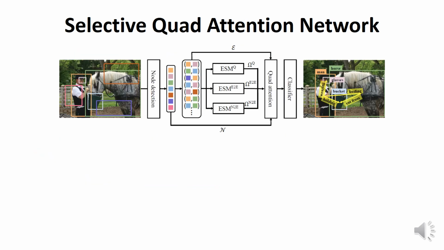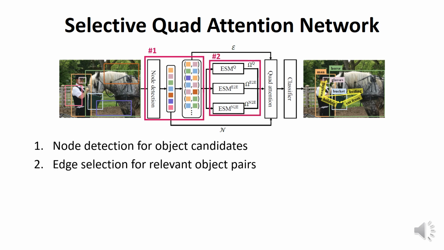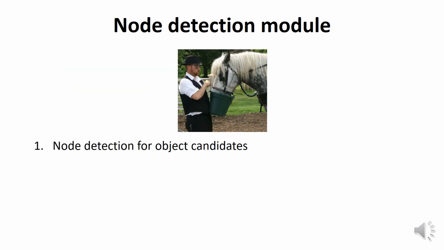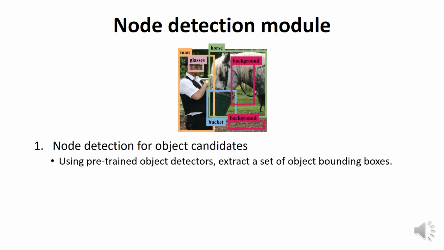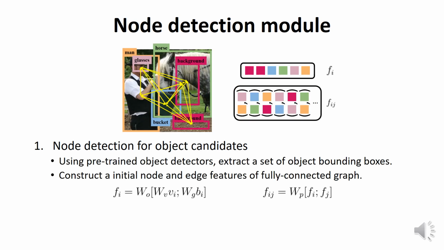In detail, the proposed Selective Quad Attention Network (SQAT) consists of 3 modules: a node detection module for object candidates, an edge selection module for relevant object pairs, and a quad attention module for contextual reasoning. Firstly, following the previous work, we use a pre-trained object detector, Faster R-CNN, to extract a set of object bounding boxes. And then we construct the initial node and edge features of the fully connected initial graph.